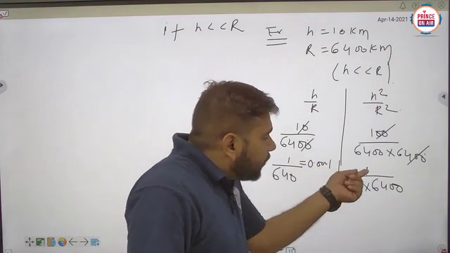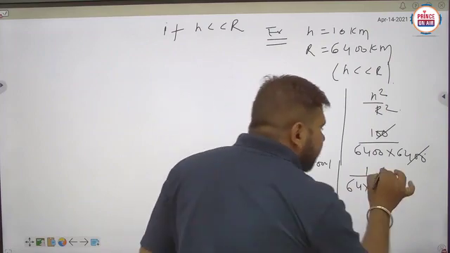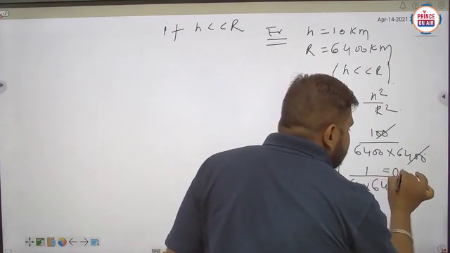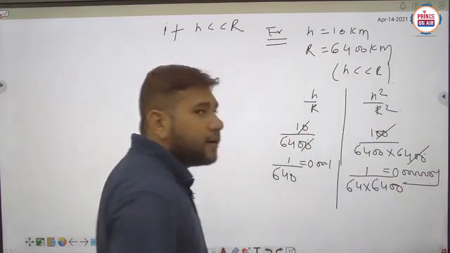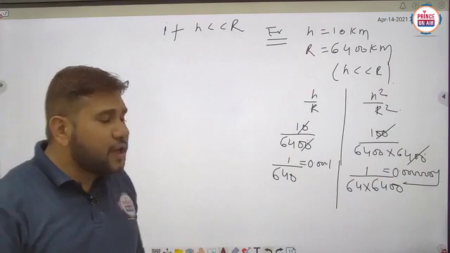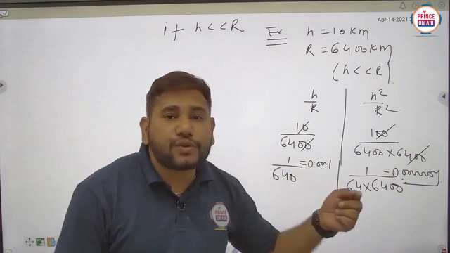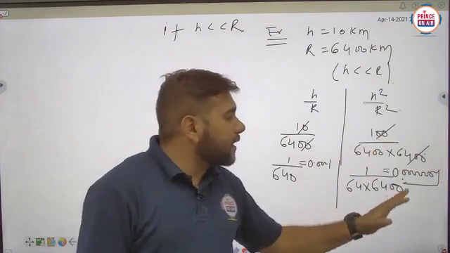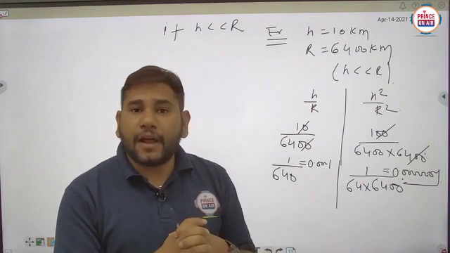And when I divide 1 by 64 into 6400, it will be 0.00000001. Clear, beta? So the value will be 0.000000. I can say that this value will be very small.